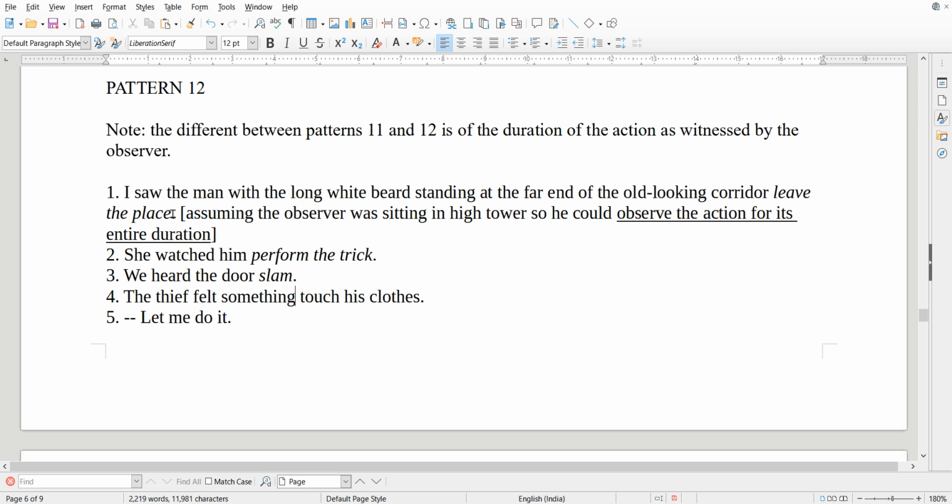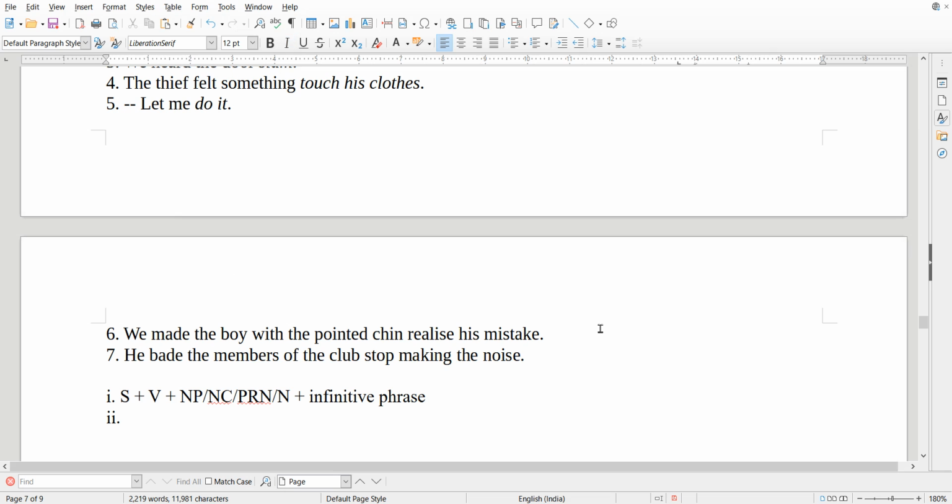Something touch his clothes. Do it. The plain infinitive phrase. Realize his mistake. Stop making the noise, and so on. Different types of verbs can be used in this pattern.